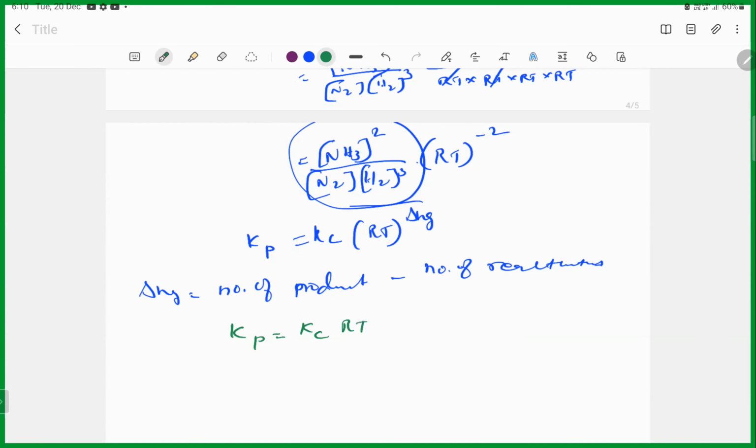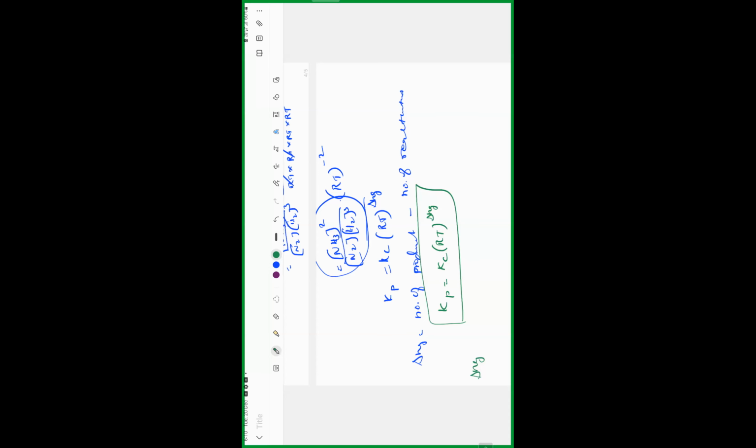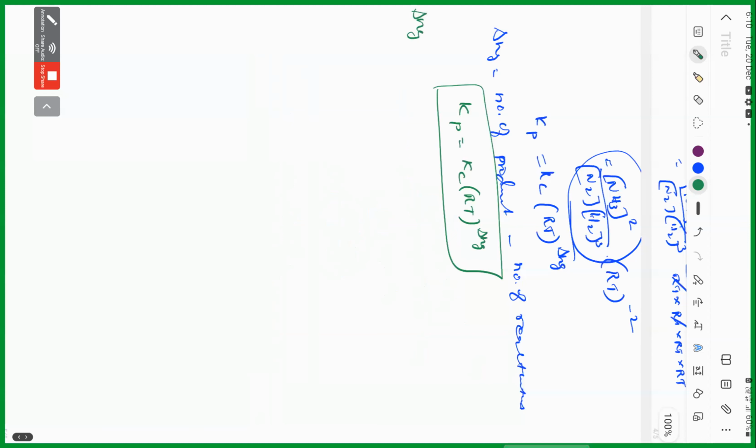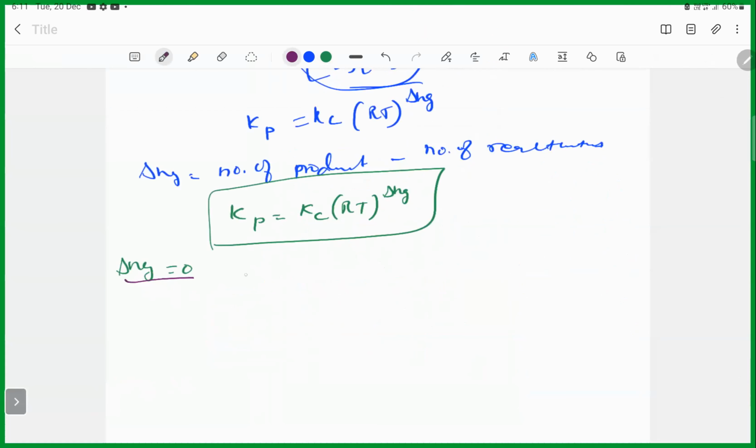So now delta ng is equal to 0. What happens to this equation? When delta ng is equal to 0, it becomes Kp is equal to Kc into RT power 0. Anything power 0 becomes 1. Then Kp is equal to Kc. Okay.